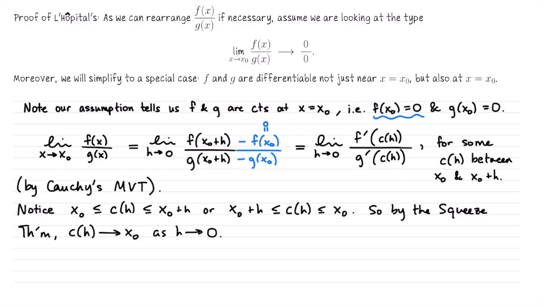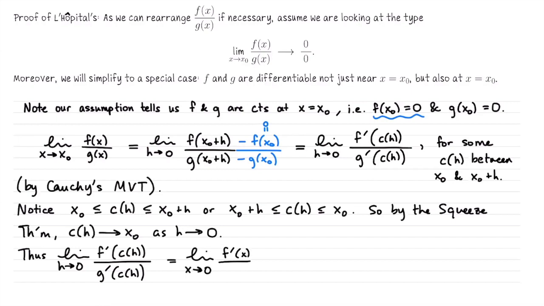So now I'm going to take this h form of the limit and convert it back to x. c of h is an input going to x naught as h goes to 0. So let's just call that an input, x. So thus, the limit as h goes to 0 of f prime of c of h over g prime of c of h is just a special way of computing the limit as x goes to x naught of f prime of x over g prime of x when that limit exists.